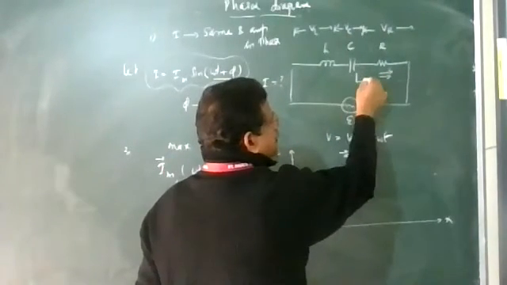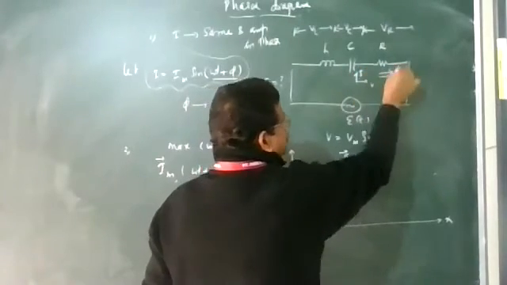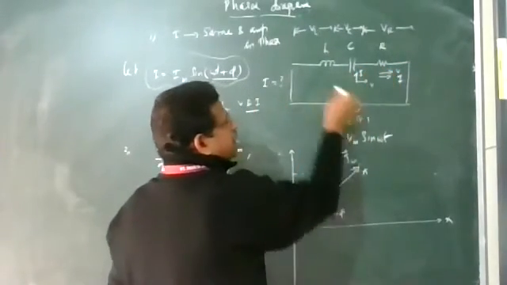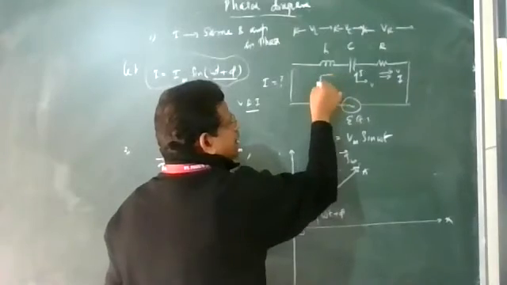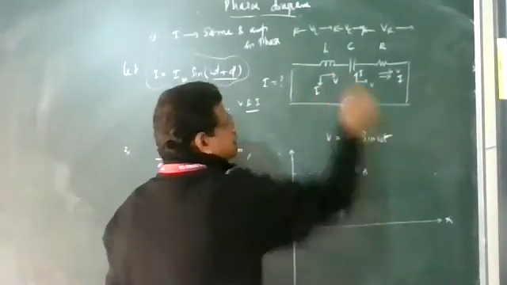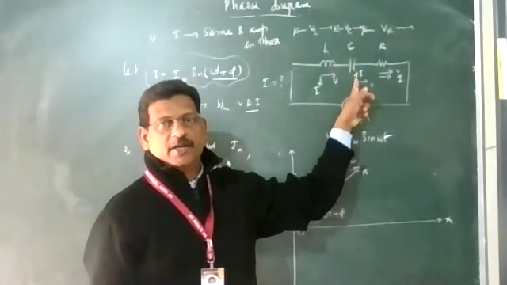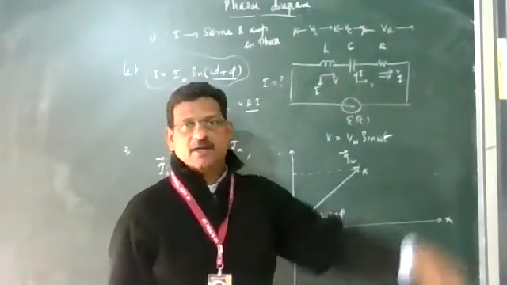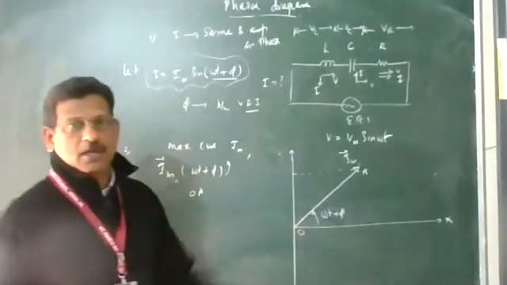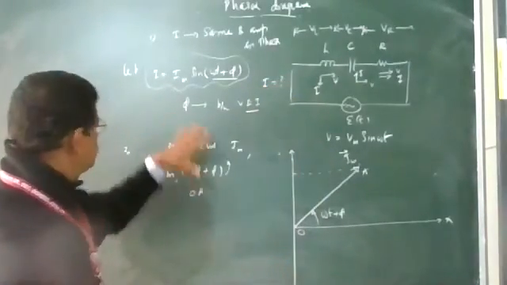For the capacitor, the current is leading by 90 degrees, and for the inductor, the current is lagging by 90 degrees with respect to the voltage. So this first part is completed.